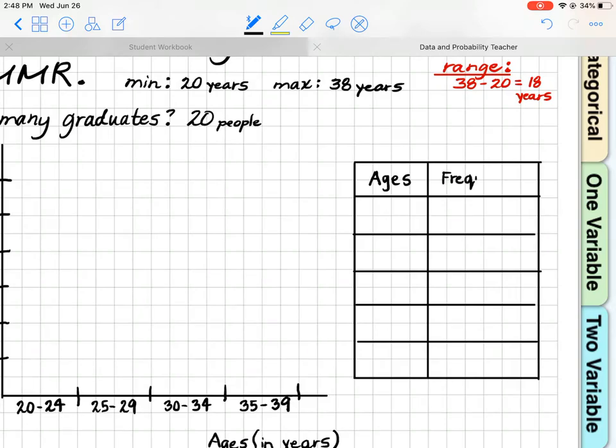Remember back a while ago we did a frequency table. So that's what this is going to be. So my first age group is 20 to 24. Then 25 to 29. 30 to 34. And 35 to 39. And then in this last spot, I want you to put the word total. Okay?